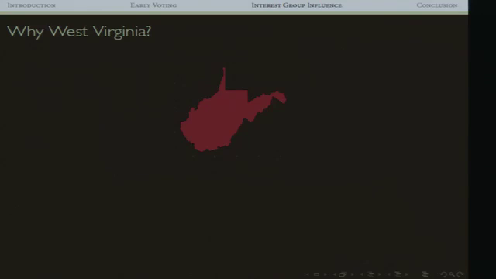So let's take West Virginia. It's the state that has the most introduced ALEC legislation in this time period. Why West Virginia? Well, one hypothesis is that it is not a very professionalized legislature.